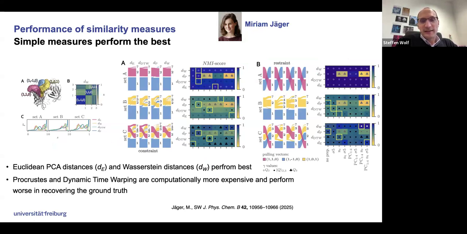We just recently checked this and it turned out that our Euclidean PCA distances here, DE, are pretty much on par or even superior to more elaborate distance calculating methods, for example, like Procrustes or dynamic time warping approaches. Wasserstein distances are roughly on par with the accuracy, sometimes slightly better, but are a bit more expensive to calculate from the computational side.